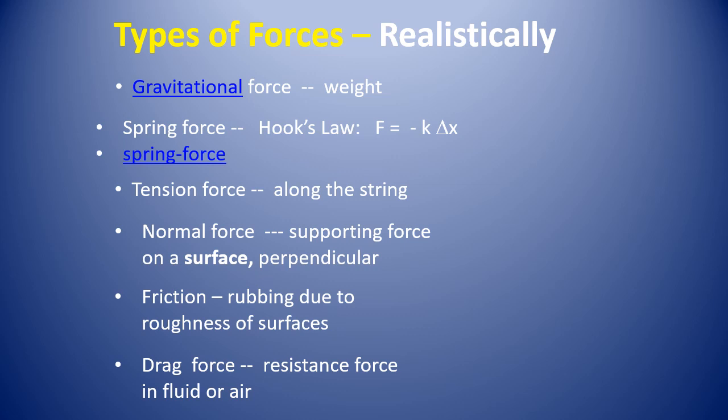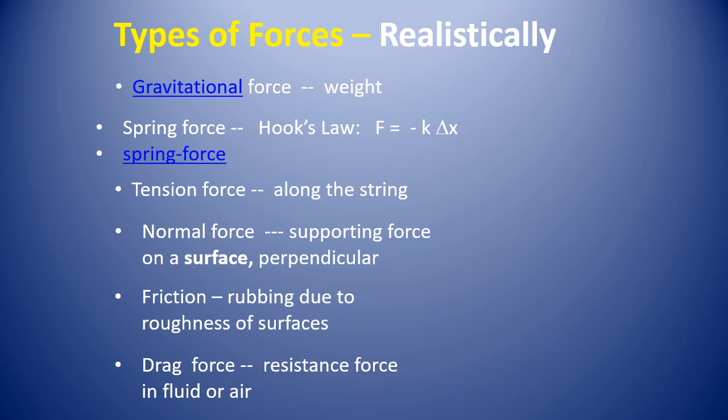We will solve many problems with the friction force. Another type of force, also a spring force in nature, is called a drag force, resistance force in a fluid or air. These forces are very common and in the opposite direction of the movement, or the opposite direction of the velocity.